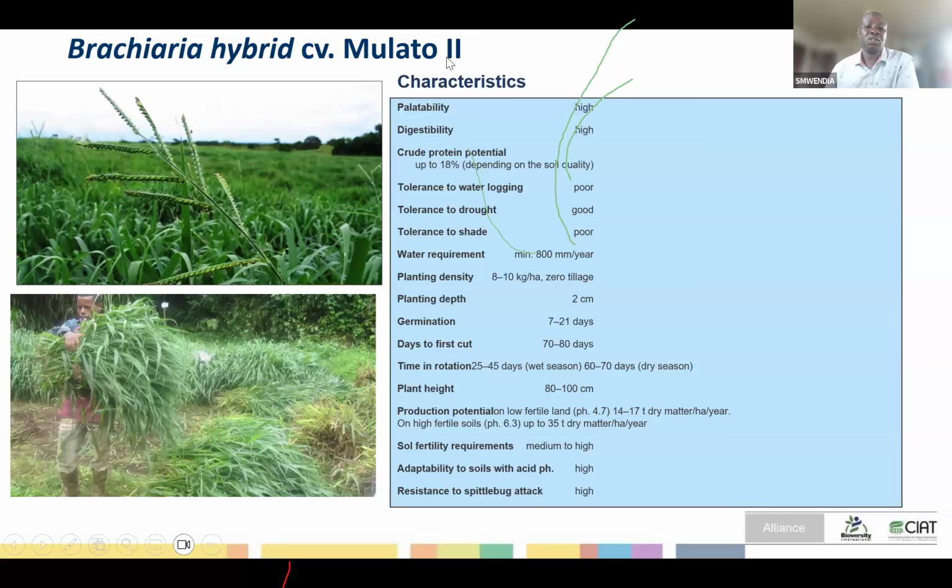Another good hybrid is Mulato 2, which was also among the first hybrids that were developed by our program. The palatability and all the attributes, as I mentioned earlier for the others, would also apply for Mulato 2. And you can see again, like this one here, the stems are minimal. You have more leaves, which I really like, meaning that the animal will ingest nearly everything.